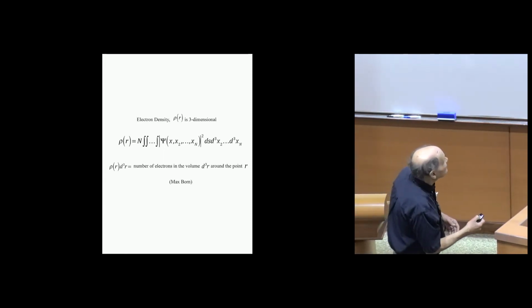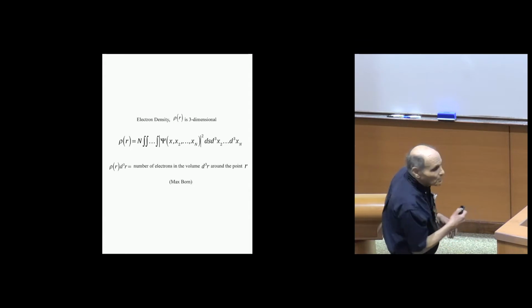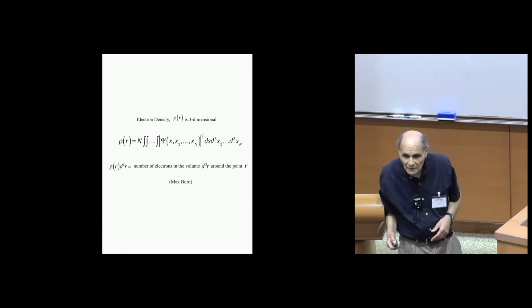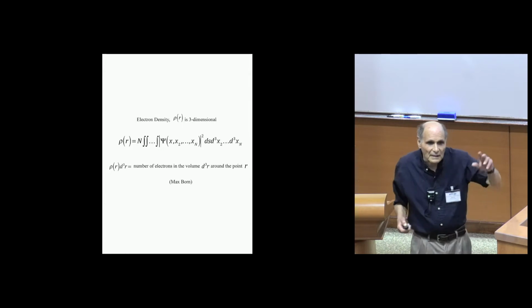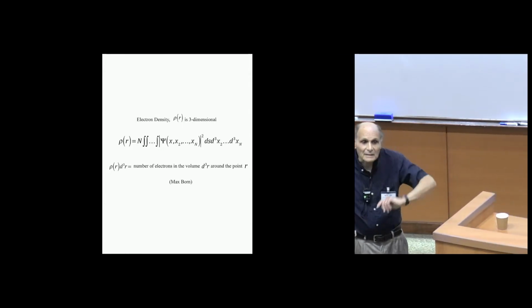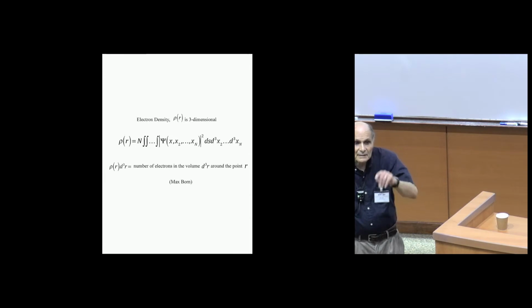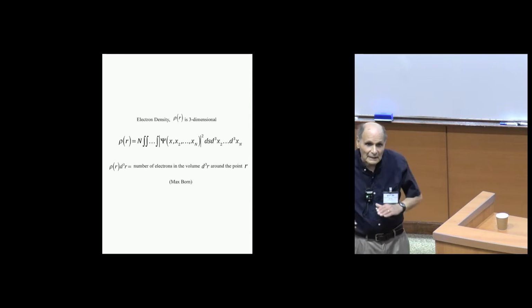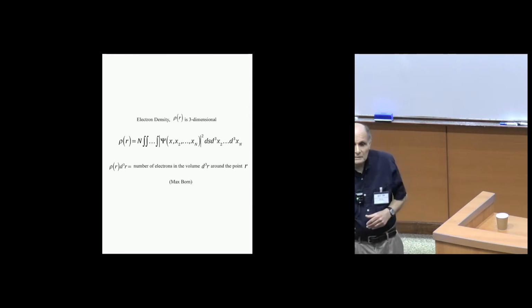The meaning of the electron density was not put forth by Schrodinger. Schrodinger did not understand that, or did not believe that psi squared dx in the region between x1 and x2 is the probability of finding the electron there. It was not understood, and he fought it, Schrodinger.